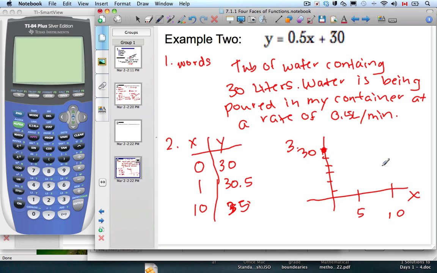There's 30. And at 1, it's 30.5. At 10, 35. These are just rough sketches. Very rough sketches. It's hard to do it on the pad. It is. And let's see. We'll call this our tub of H2O. Super. Okay. All right. Great. That's it for now.